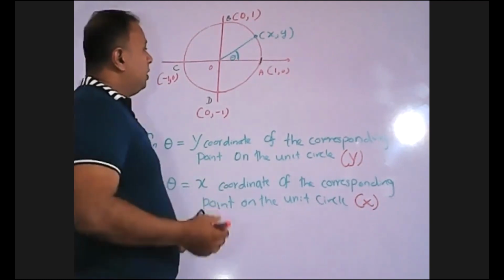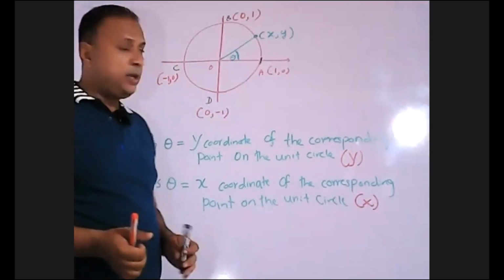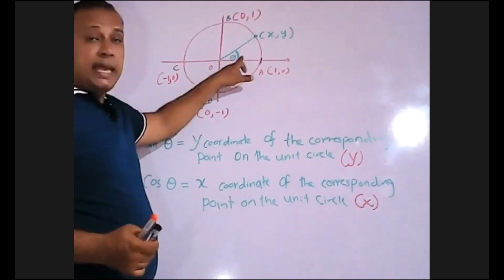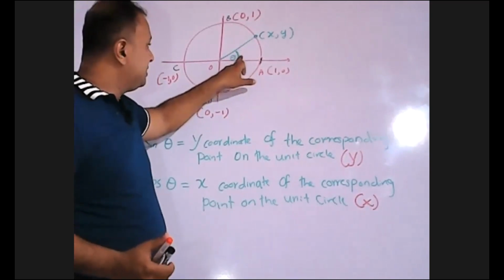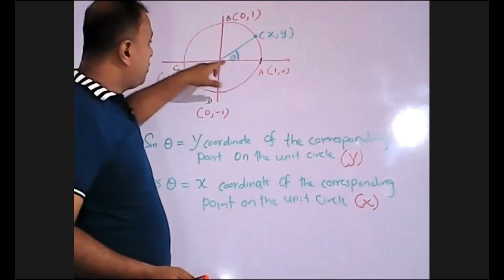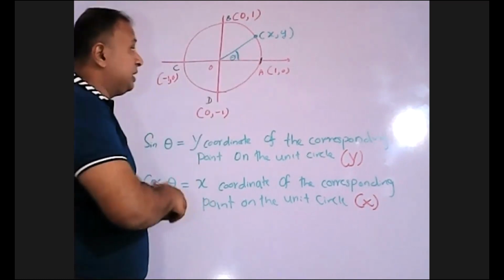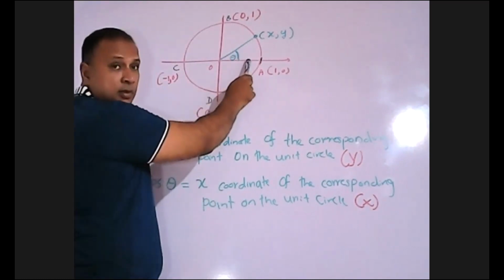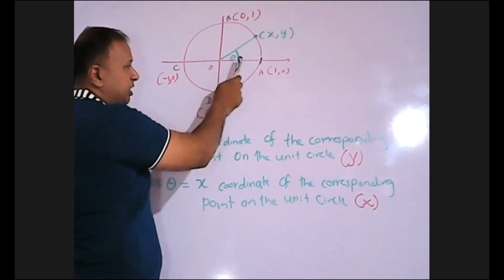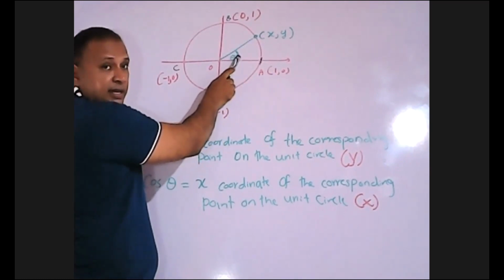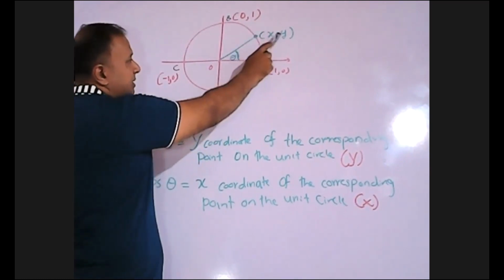Okay, look at the board. Suppose this angle is theta, and the corresponding point for this angle on the unit circle is x comma y.